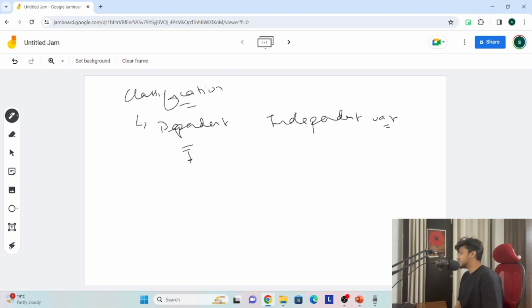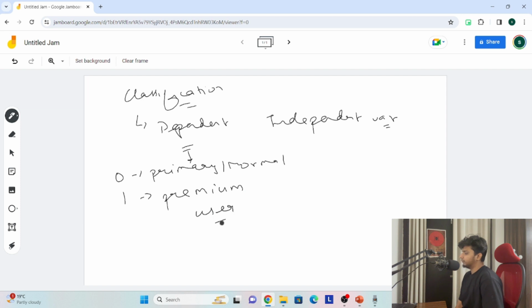In that case, my dependent variable is a binary classification, so it will be either 0 or 1. 0 means it's my normal user, and 1 means it's my premium user.